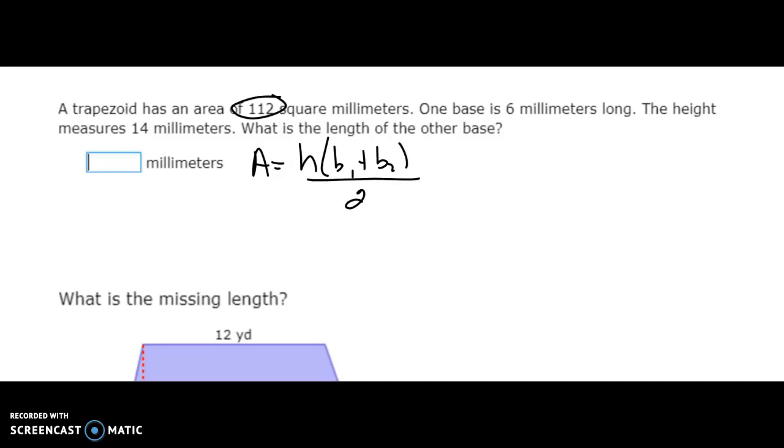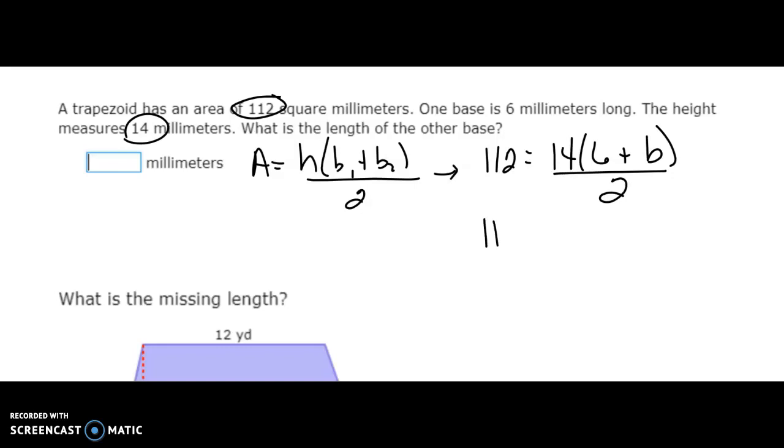I know the area, so 112 equals, the height is 14, so it goes here. I know one of the bases is 6, but I know I don't know the other base. And we're going to divide by 2. So 112, and again, I could cancel these out or reduce those out. So 14 over 2 is 7.